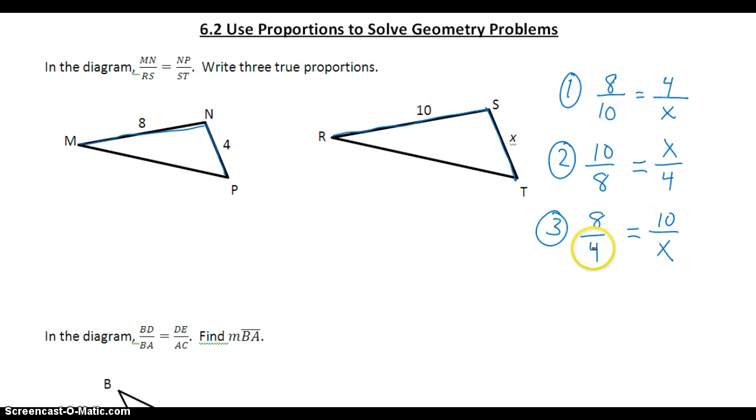And in my denominator, 4 and X, I've kept this ratio. 8 to 4, 10 to X. This proportion is also equivalent. It's also true.